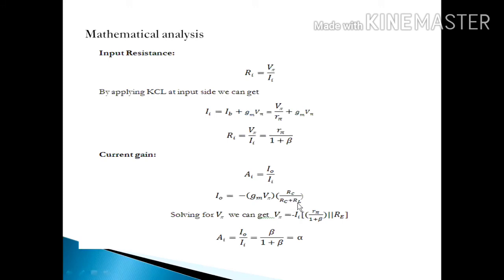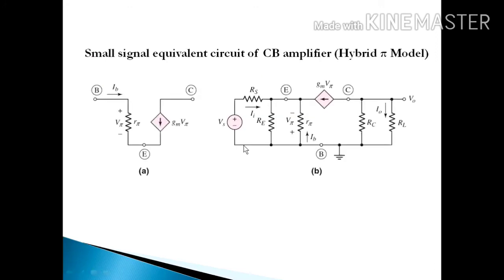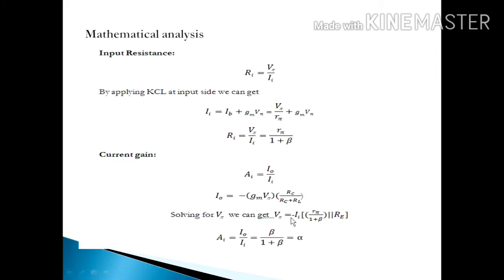And for finding out the total current gain, we are in need of V pi. So the V pi value will be calculated based on your input loop. V pi is equal to Ii into the corresponding resistance which is there in the input loop. So V pi is equal to minus Ii into r pi divided by 1 plus beta, that parallel with Re.